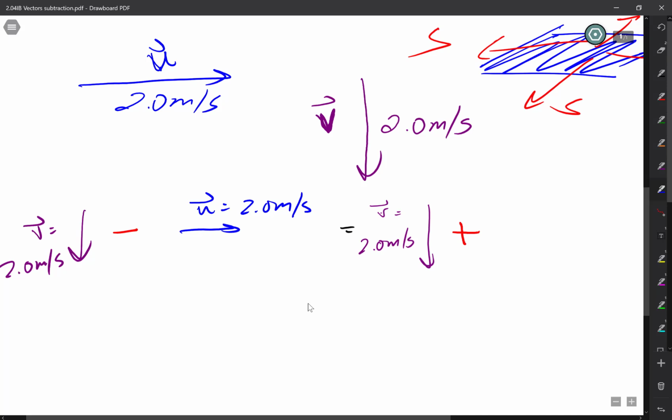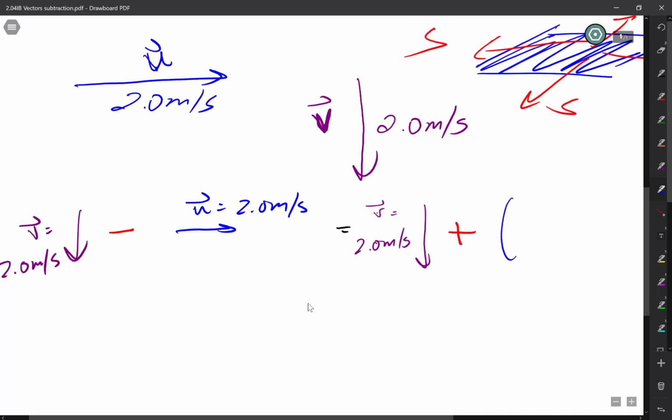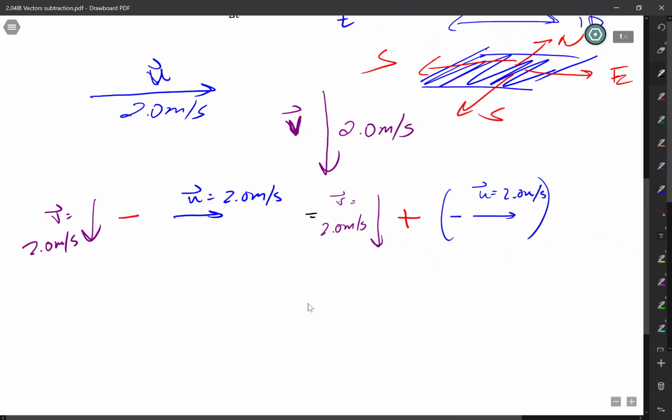So if I want to show this step by step, it would look like this. Minus this vector, u equals 2 meters per second, which means I am looking at this guy plus my other vector, but now it is the flipped vector. It is flipped in the other direction because it's the negative of that one.